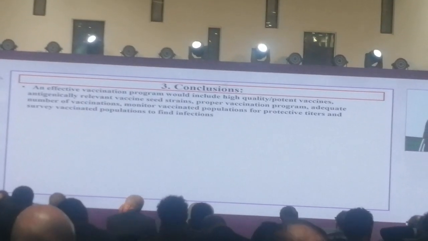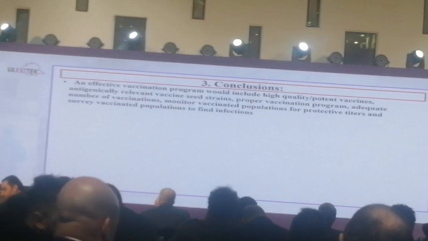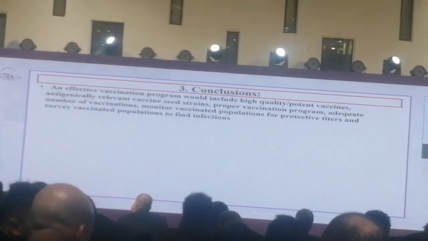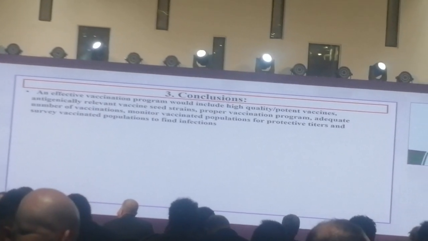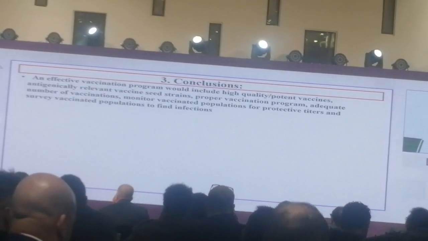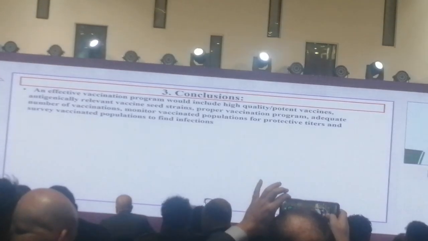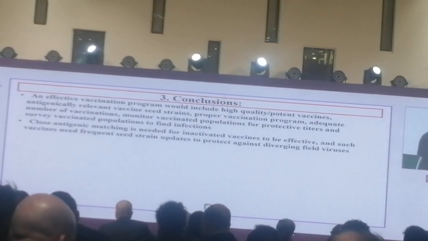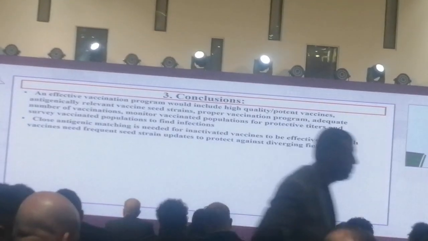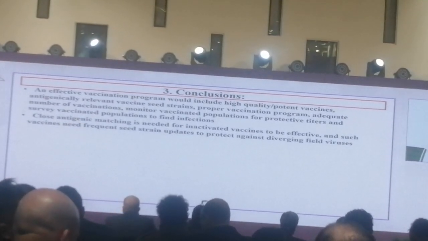An effective program requires you use high-quality, potent vaccines, antigenically relevant vaccine seed strains, especially the inactivated vaccines, having a proper vaccination program with an adequate number of vaccinations, monitor the population for protective immunity, and survey vaccinated populations to find those infections.